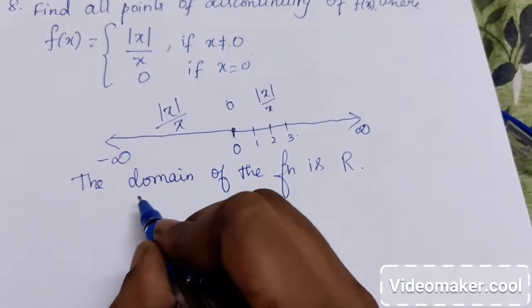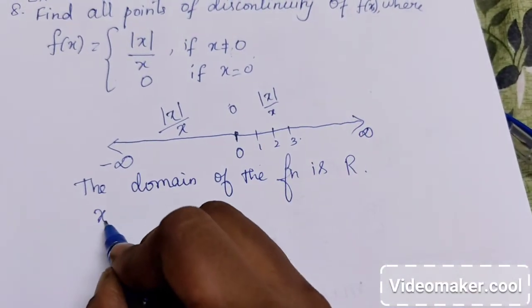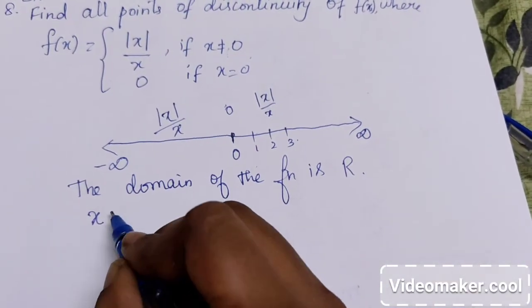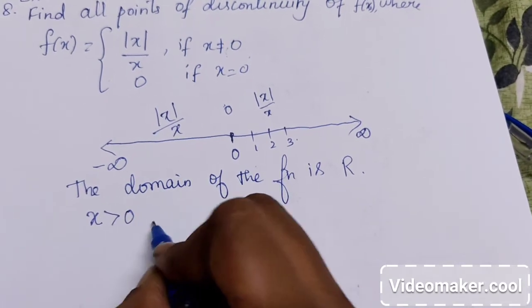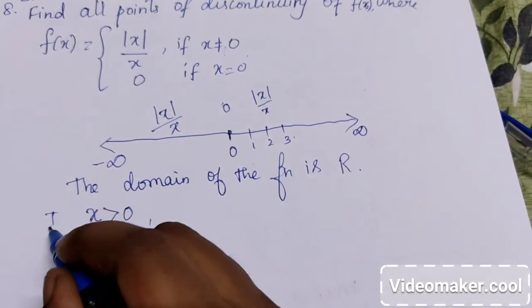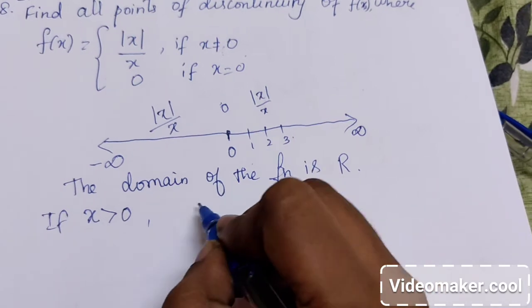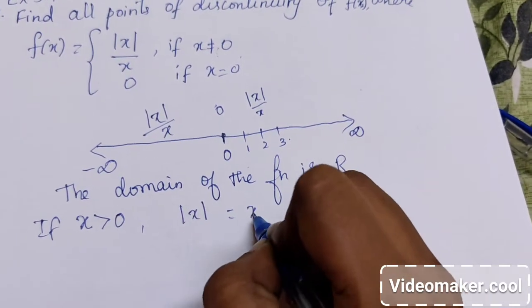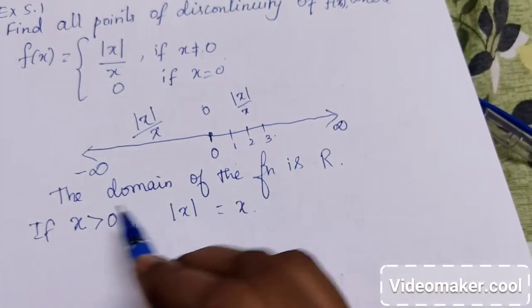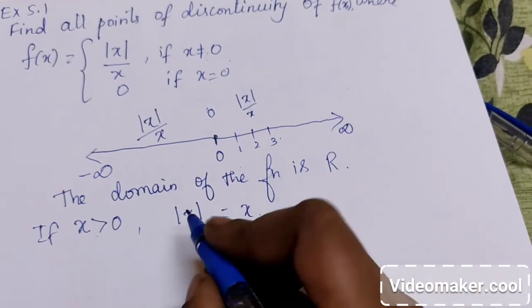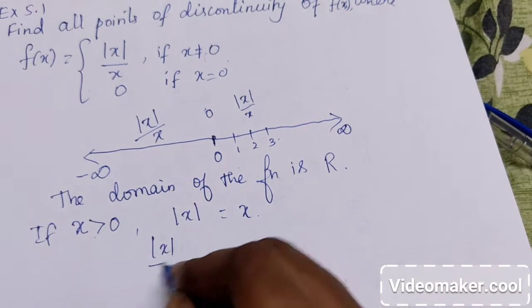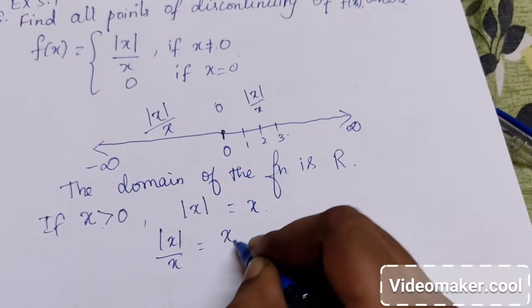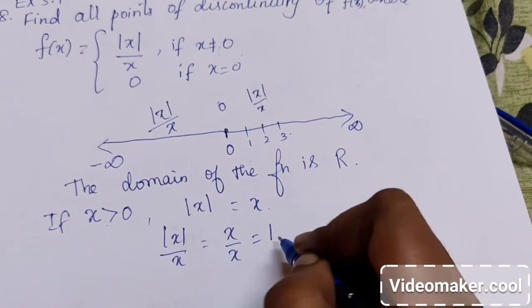Now if x is a real number greater than 0, according to the definition, mod x will be x. So mod x by x will be x by x, which is nothing but 1.